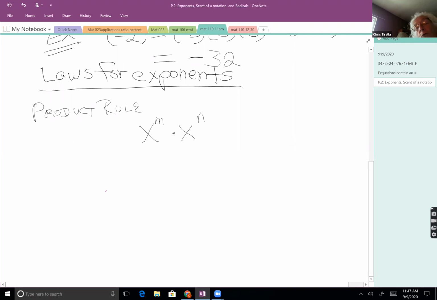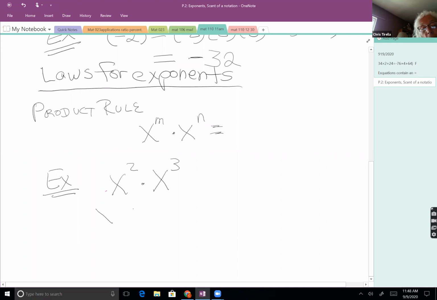But before I go through and write what goes on the other side, for those of you who aren't familiar with it, I'd like to look at an example and look at a little kid approach so that the example makes sense. If I have x to the second times x to the third, what does x to the second mean?